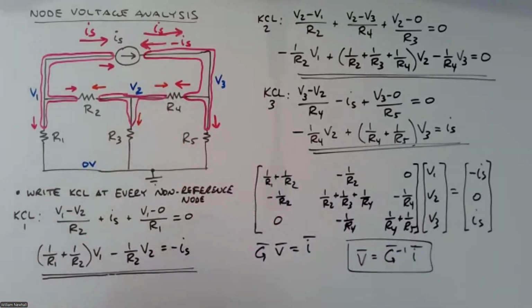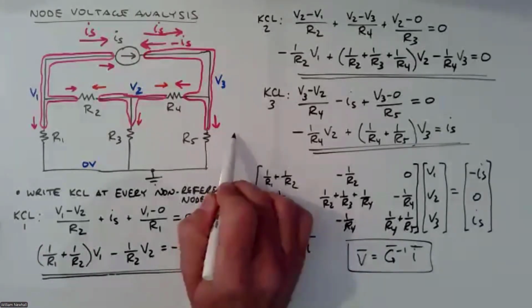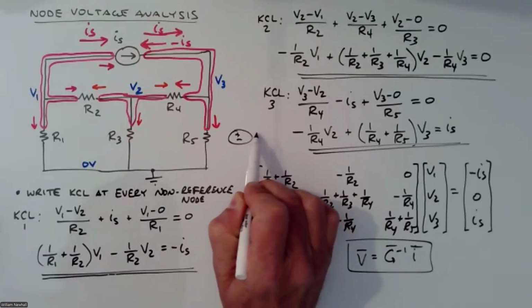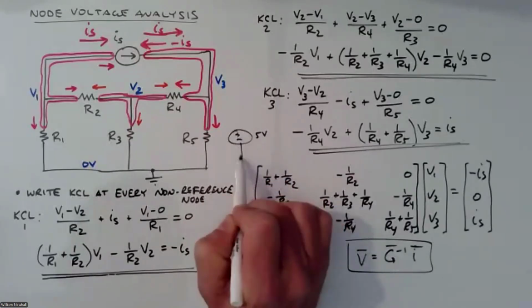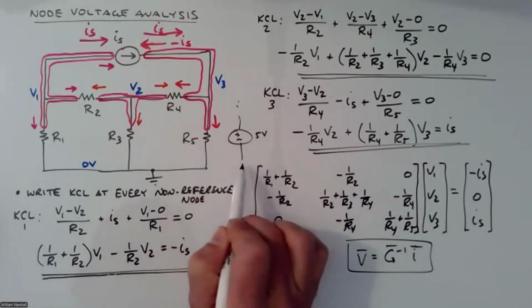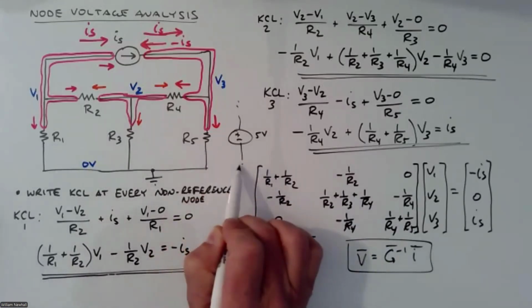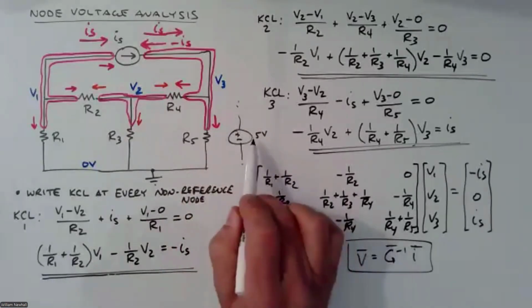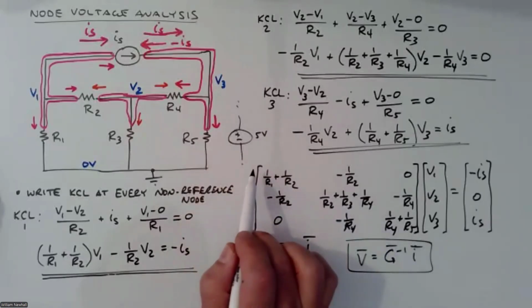We're not going to do problems like that, but what you will see is, for example, if I replace R5, pretend I replaced R5 with a voltage source that is just 5 volts. Make that a 5-volt source. So now instead of R5, I have a 5-volt source. Since the 5 volts is directly connected between ground and V3, you can immediately write V3 equals 5 volts, right?